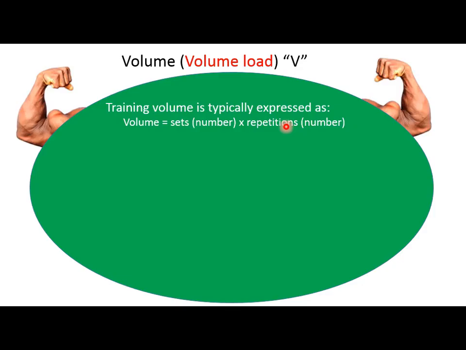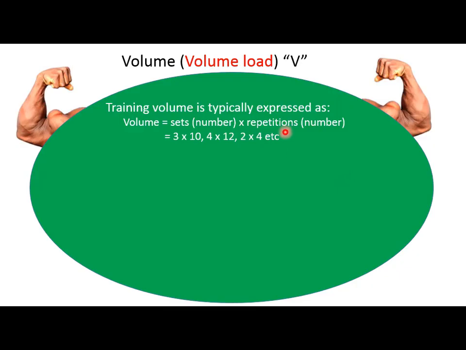So, for example, when you write out volume in your program, you might write it as 3 by 10, or 4 by 12, or 2 by 4. So this would be 3 sets of 10 repetitions, 4 sets of 12 repetitions, 2 sets of 4 repetitions.